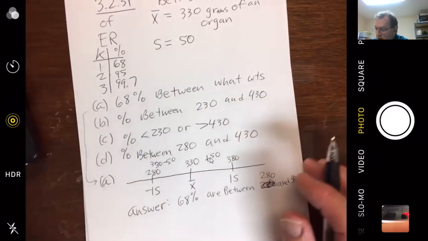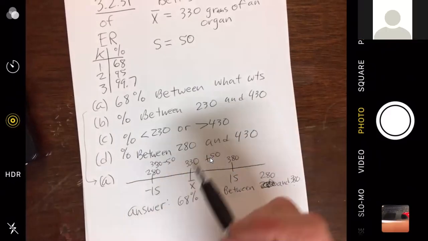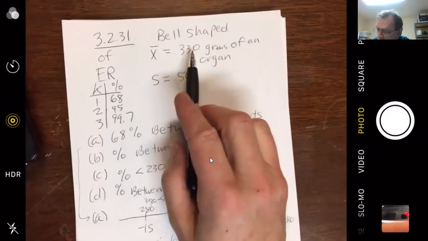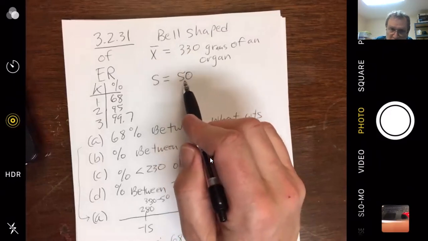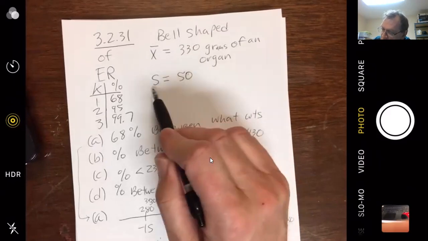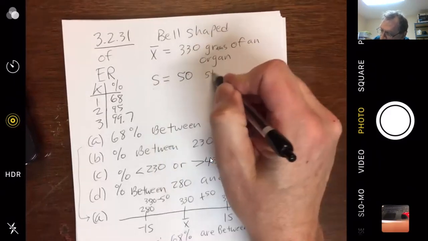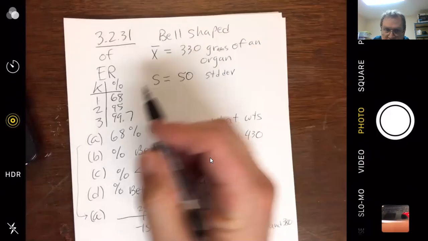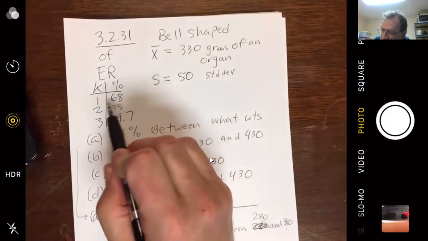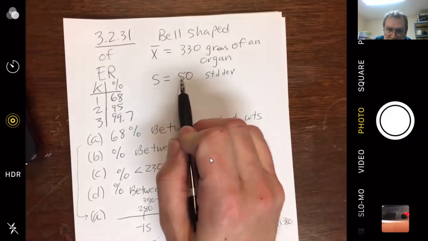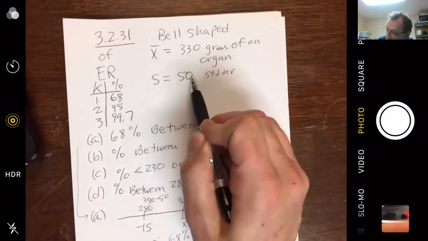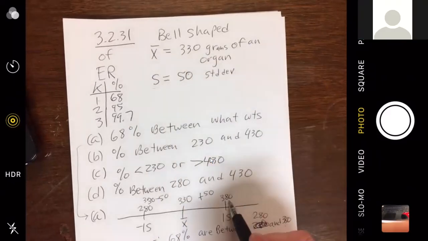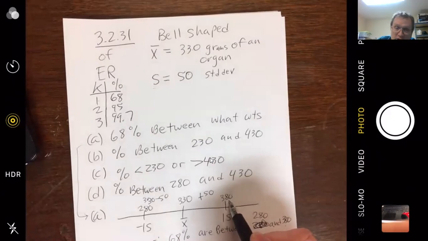So what it's saying is, the mean is 330 at the center, and the average distance of each number from the mean is 50, that's the standard deviation. 68% of the numbers are within 1 of these from the mean. So that means you can be up 50, that would be the extreme, that's 380. And you could also be down.